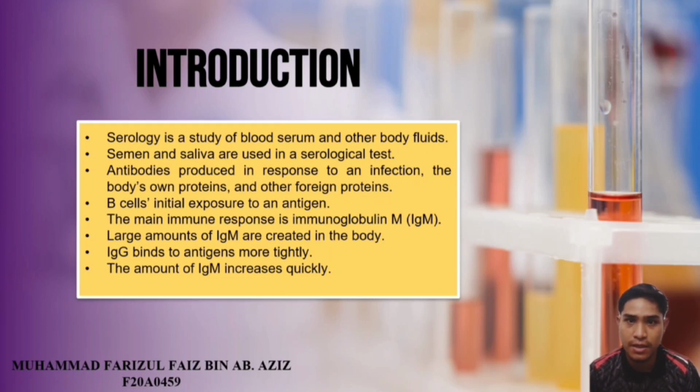IgM levels then start to drop as IgG concentrations rise. Measuring the ratio of IgM to IgG in the circulation allows medical lab staff to determine the kind and length of an infection. When the ratio of IgM to IgG is high, the infection is in its early stage. When the ratio of IgG to IgM is high, the infection is in its later stage.